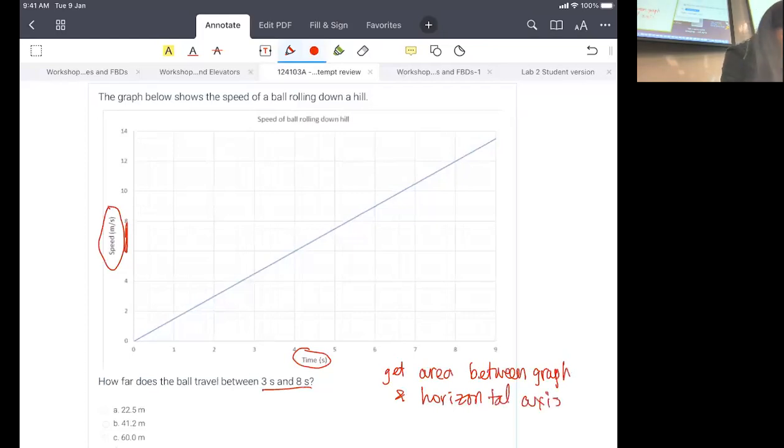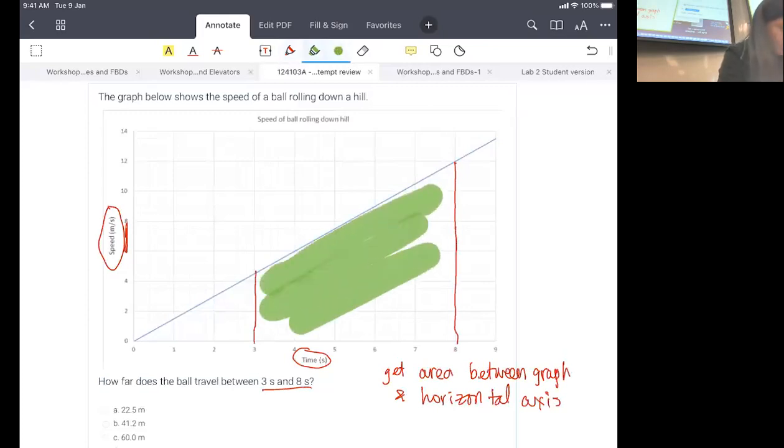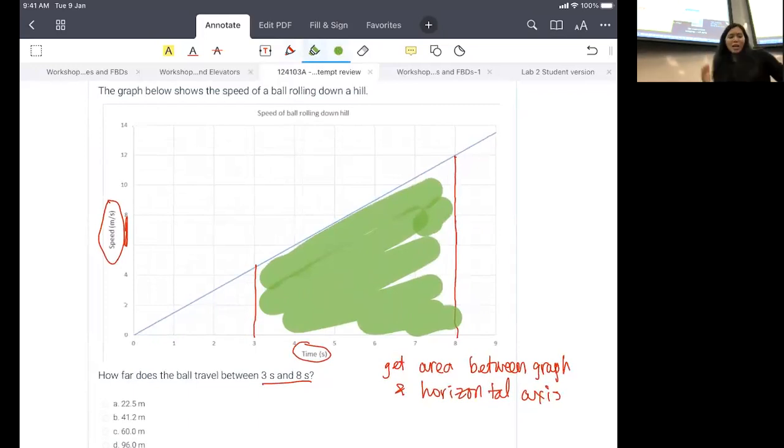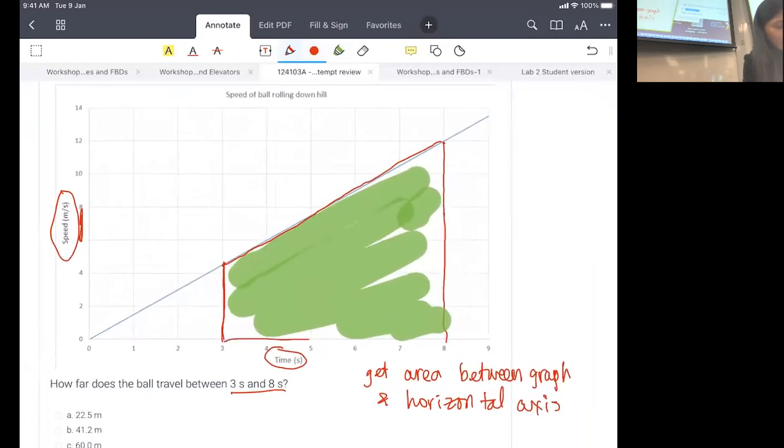And that's between 3 and 8 seconds. So you want this area here. You want to solve that area there. If you look at the shape of the graph together with the boundaries of the times where you want to find the distance, you will see that the shape traces out a trapezoid.